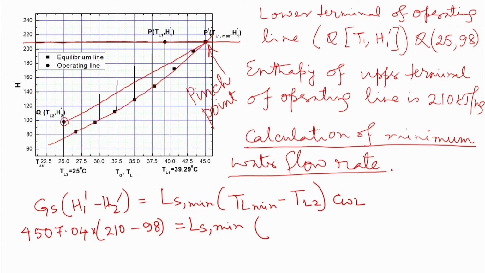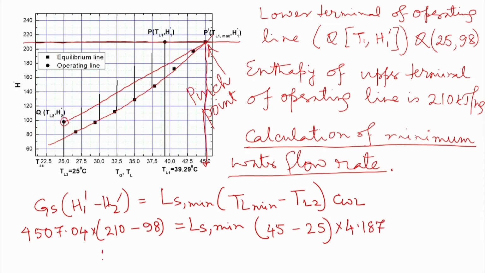where the water coming out from this dehumidification column is at 45 degree Celsius. So, 45 degree Celsius minus TL2, which is already given in the problem as 25 degree Celsius, and CWL is equal to 4.187.